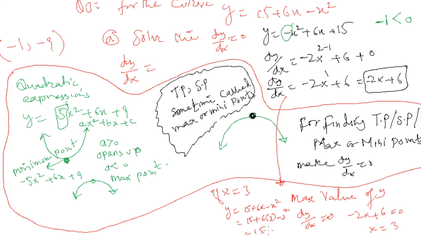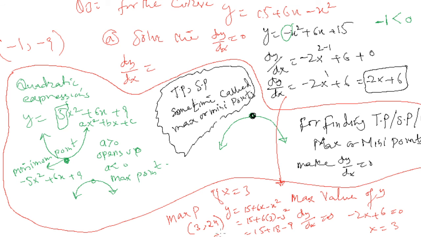So 15 plus 18 minus 9. What's the value of y? So the point is, we can call this the maximum point. The maximum point becomes 3 and 24, since 15 plus 18 is 33 and minus 9 is 24.